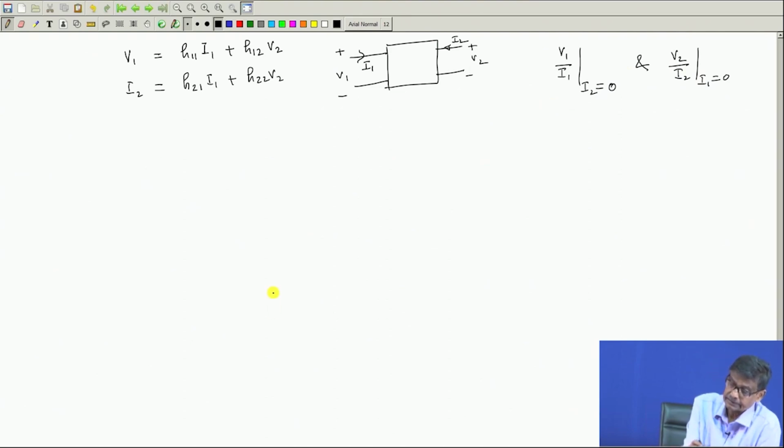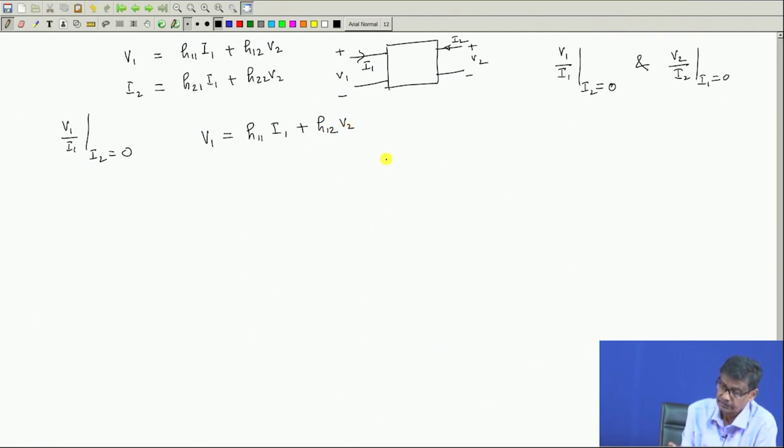So, in this case the first one, if you take, that is I want to calculate V1 by I1 with I2 equal to 0, means that I will keep the secondary open circuited, I will apply some voltage here. Therefore, from the first equation you will get V1 is equal to H11 I1 plus H12 into V2, that you will get.